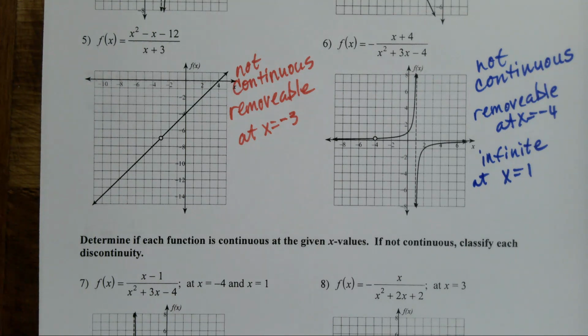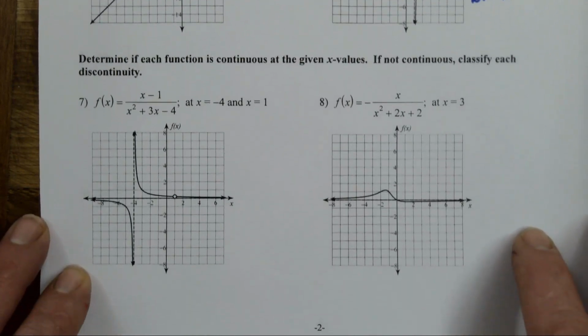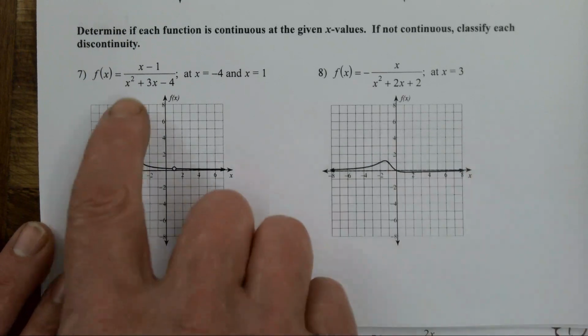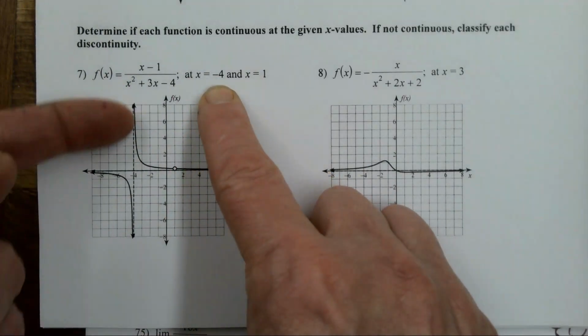Sometimes they're even going to give you specific values that you need to look at. And it could be continuous at that value. Maybe it's not, but it's kind of the same thing. Is this function continuous at -4? Nope, there's an asymptote.